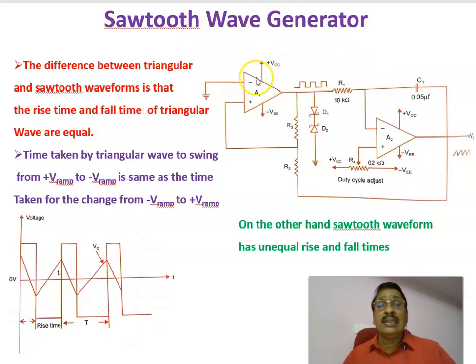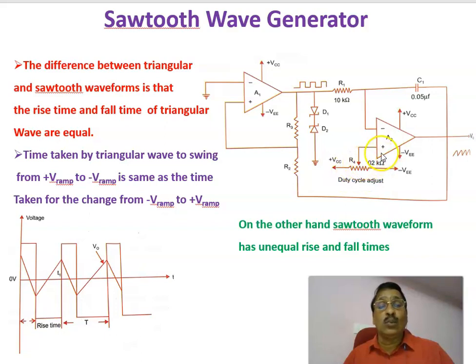This is a two-level comparator, and at its output, of course, a Zener diode is connected to seal that voltage. That's the only purpose of that. The output of that is given to an integrator. Previously in the integrator, this point was grounded through a compensating resistor, but rather than grounding here, we are applying a voltage through a potential divider circuit, varying from plus VCC to minus VCC.